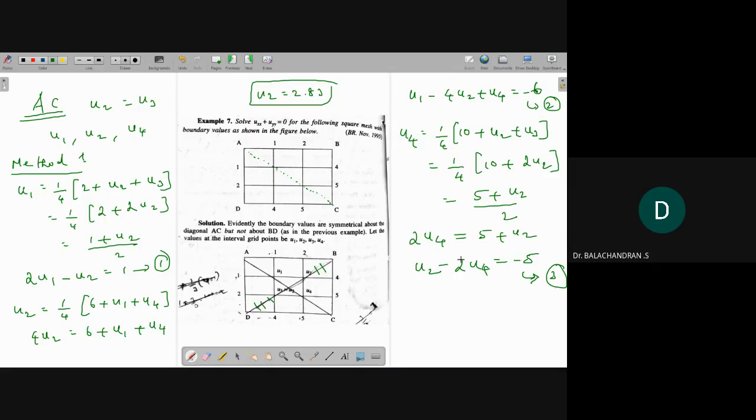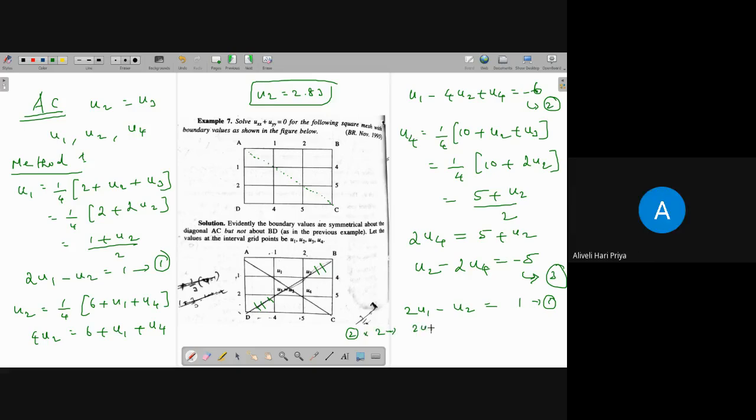So I'll write 1 here. 1 is 2U1 minus U2 equal to 1. Multiply the second equation by 2. This is 1, 2 into, I'm multiplying by 2.